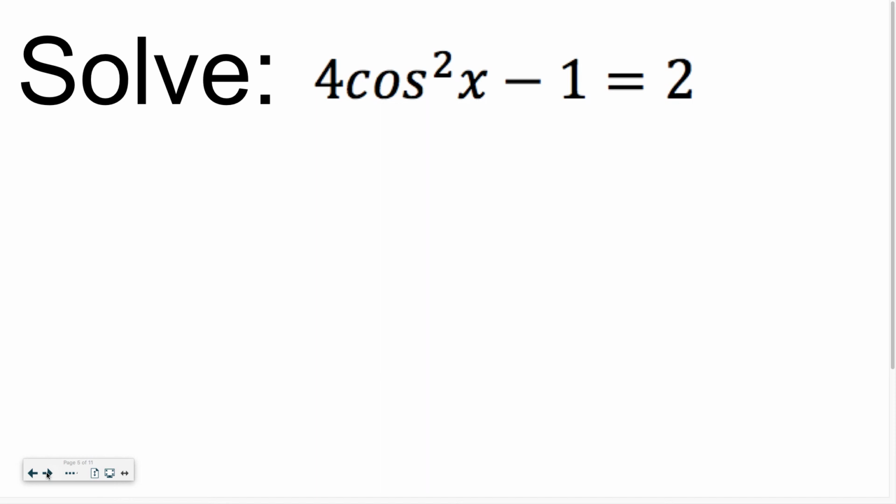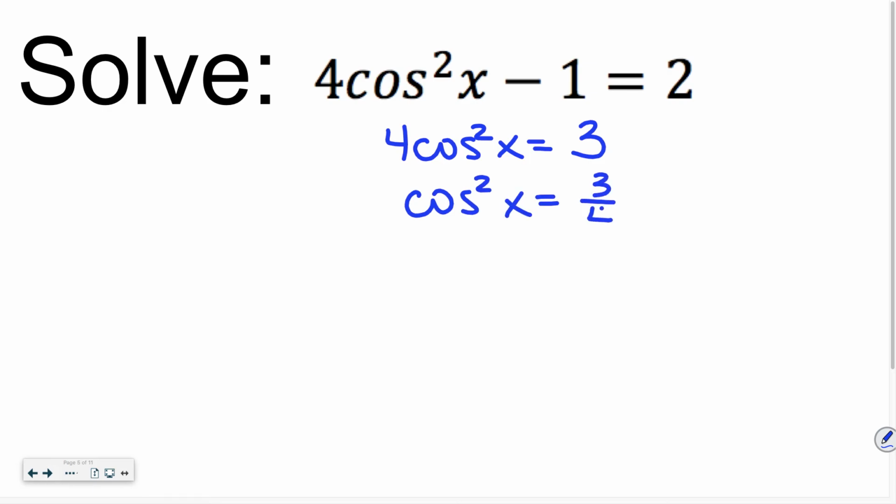We can still add over that 1 and divide by 4. Since cosine squared is the only thing in there, we can isolate cosine squared. Now, if there was a cosine squared and a cosine to the first power, then we would have to look at our factoring techniques. Then we could do what?